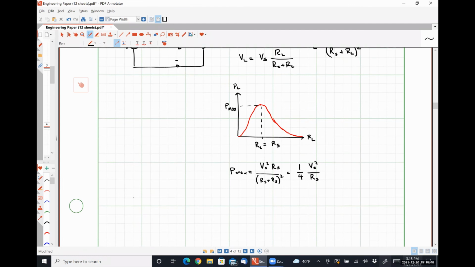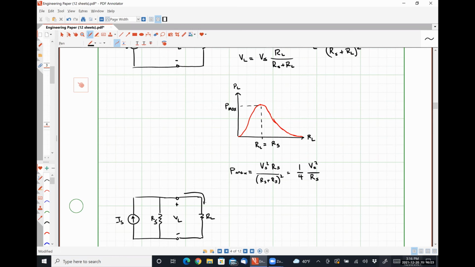So let's say that we have Is in parallel with Rs in parallel with RL.